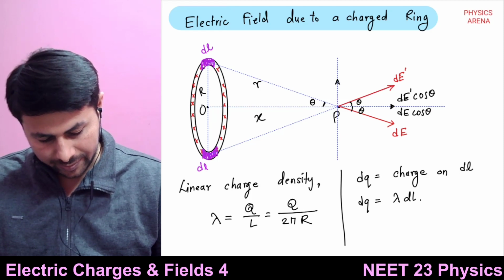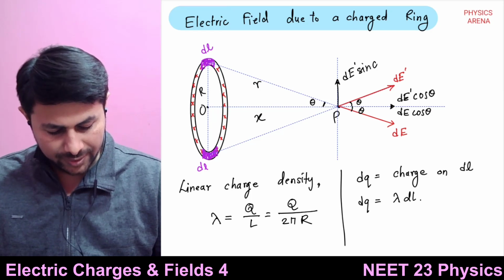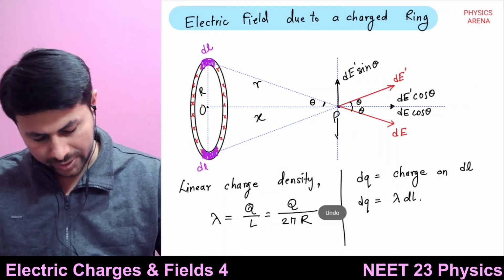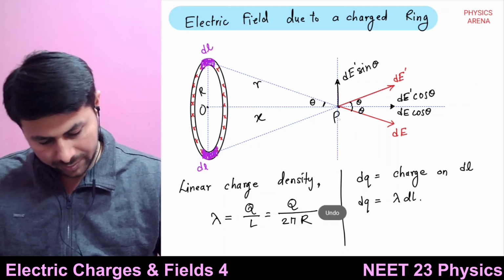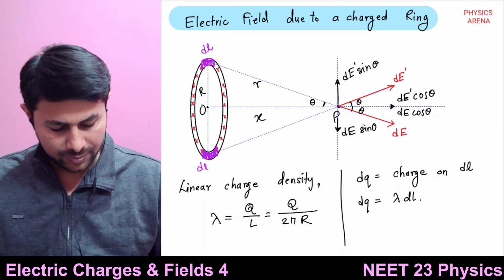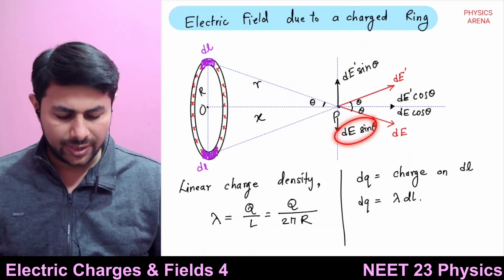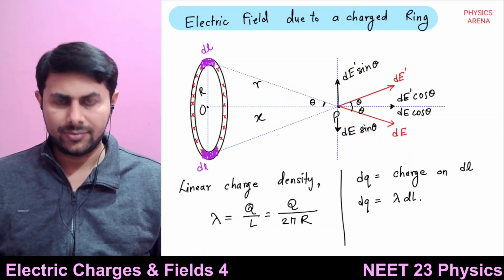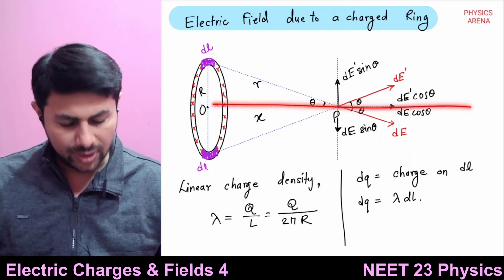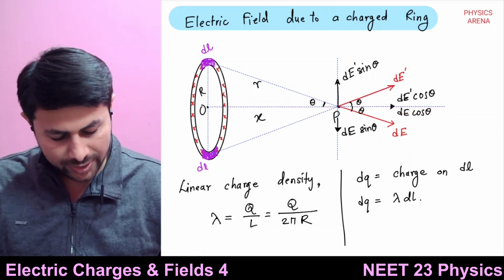This is dE prime sine theta, and this is dE sine theta. Now dE prime and dE have the same magnitude, so dE prime sine theta and dE sine theta get cancelled out, right? So the electric field due to these two length elements is directed along the axis, outwards along the axis.